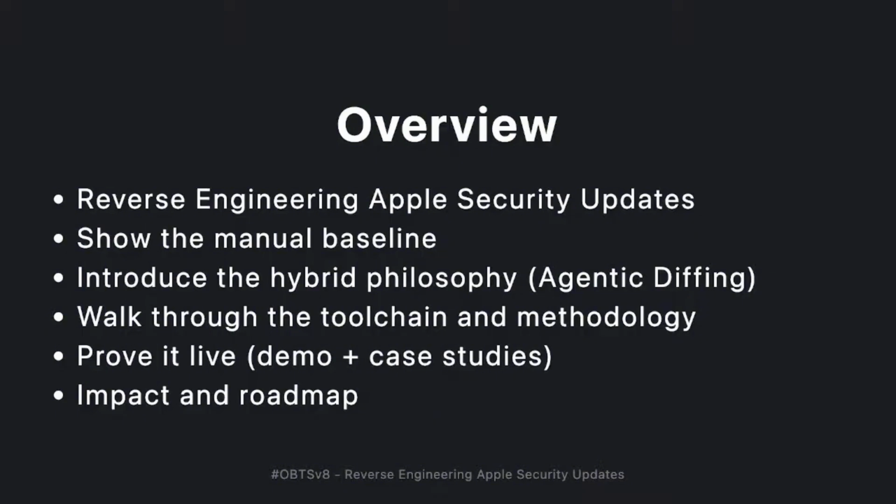We'll talk about the manual baseline that I presented last year, and we'll introduce this new automation, which will do something called agentic. This AI buzz is out there. We're going to use some AI today to make this work. And we'll walk through my tool chain and methodology. I'll show you a demo. We'll have some case studies, and you can decide for yourself whether this is something that could be useful for your research or your investigations.